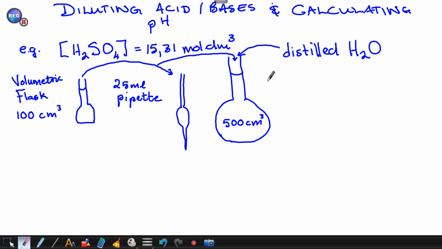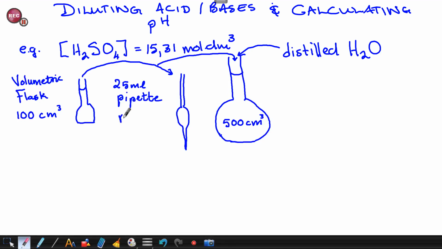Number one, let's calculate the concentration of the new solution. Please look, you can copy later. You need to understand what's going on. So you're taking 25 milliliters from the volumetric flask and taking it to the 500 cubic centimeter one. Now it's all about moles.